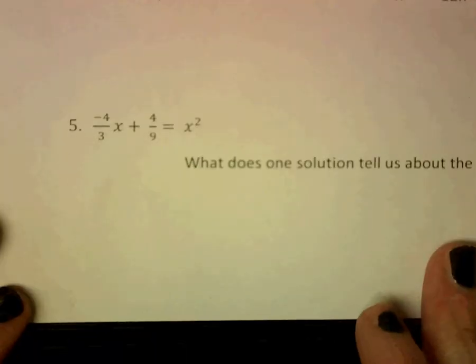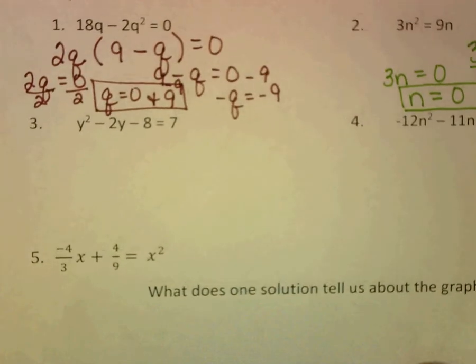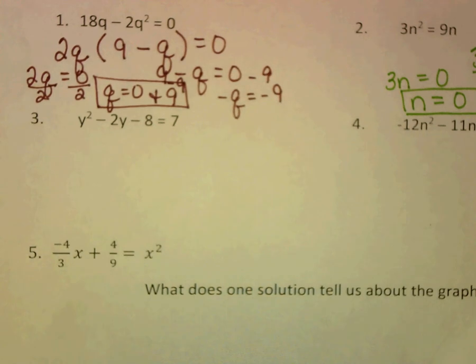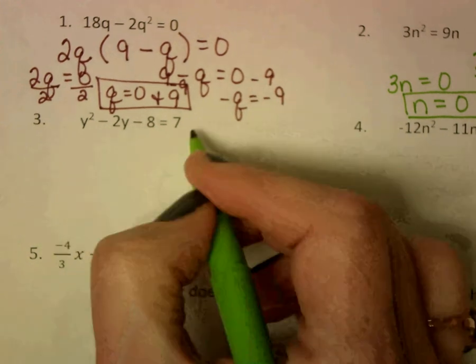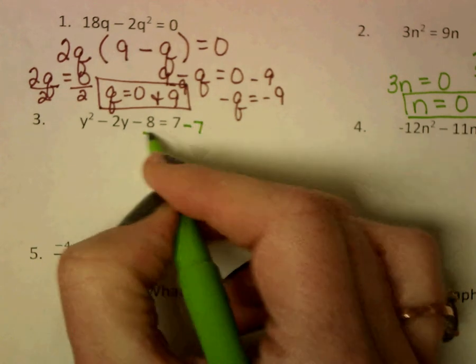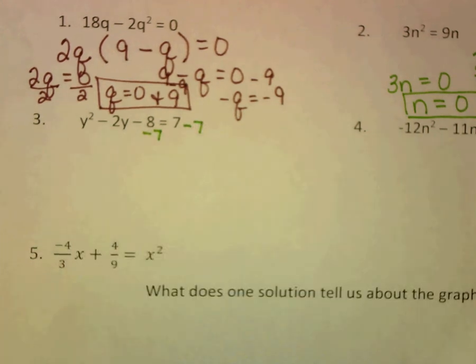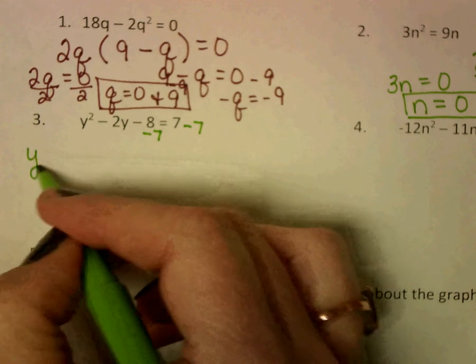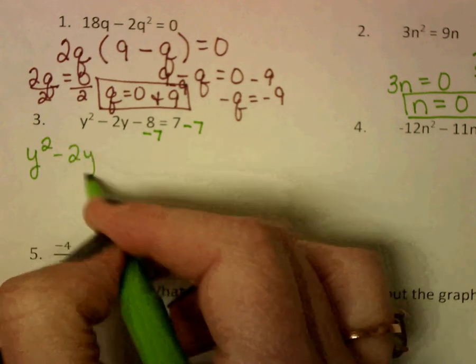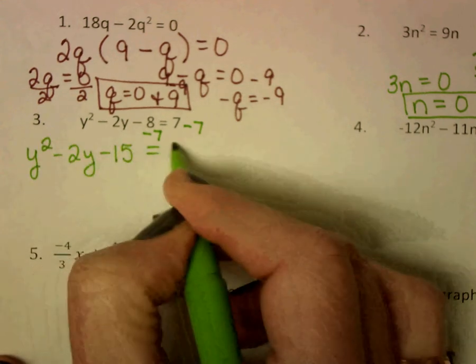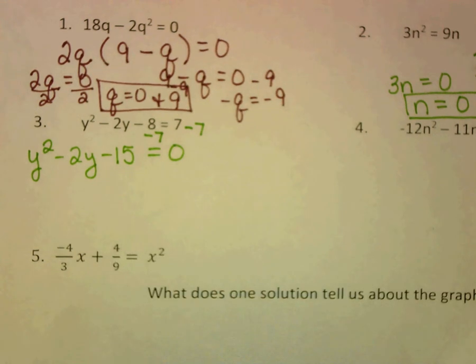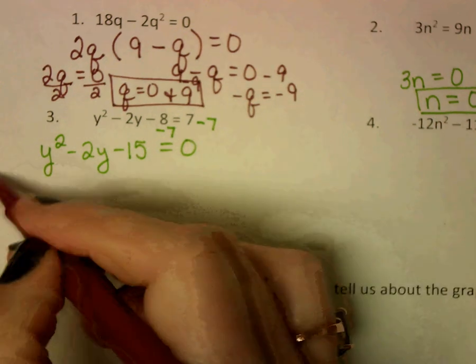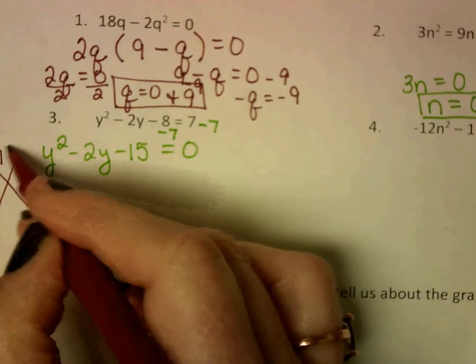Okay, let's look at the next example. Number 3. We have another quadratic equation. It's not equal to 0. So I'm going to start out by subtracting 7 from both sides so that I can get this equal to 0. Okay, so now we're going to take the time to factor this trinomial. My a value is 1.